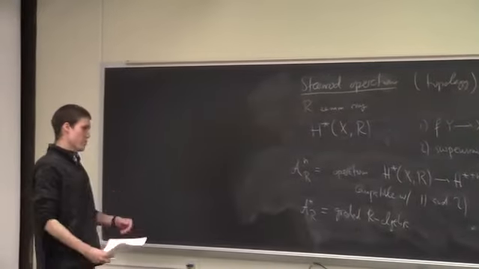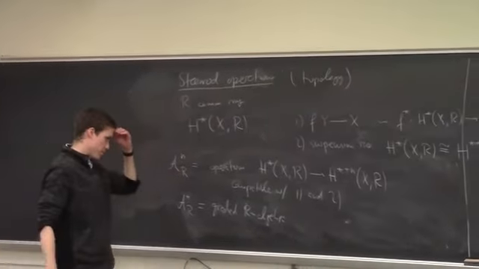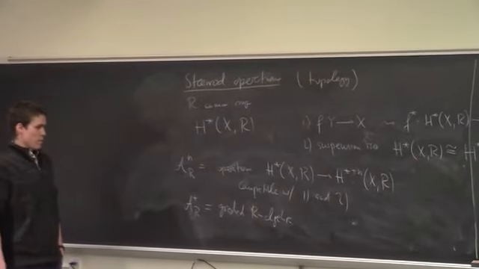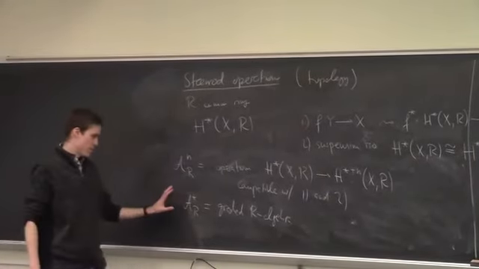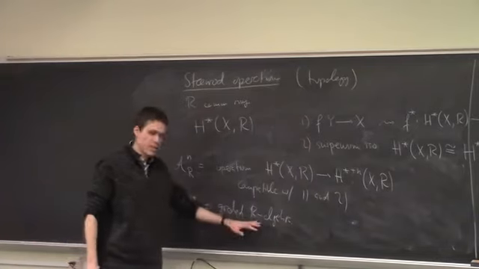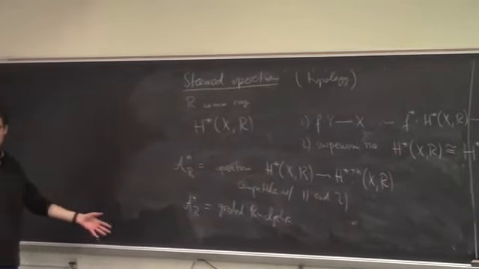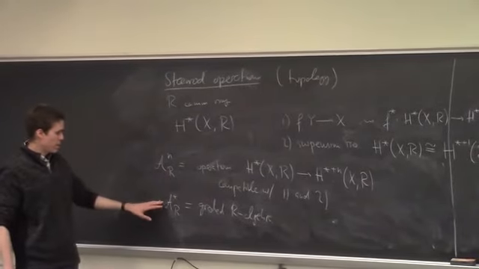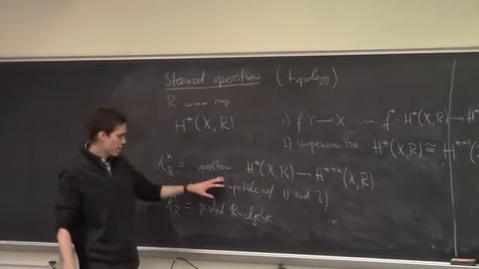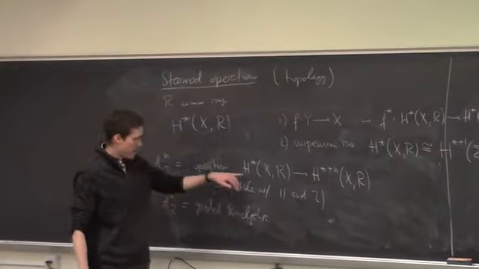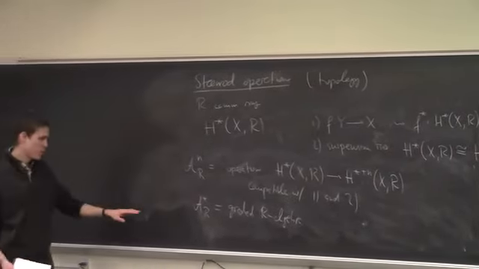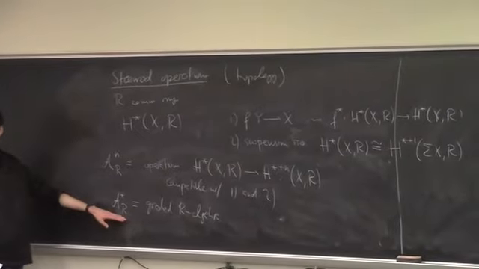Okay, so why do you care about this algebra? Well, it depends on R, but this algebra could be just R itself, in which case it would not be very interesting. But if it's a complicated algebra, then by definition, because these elements act on cohomology of spaces, the cohomology of any space is actually a module over this algebra.